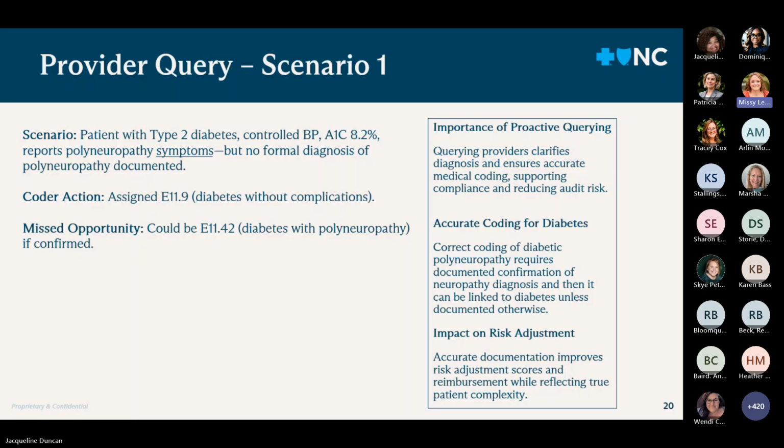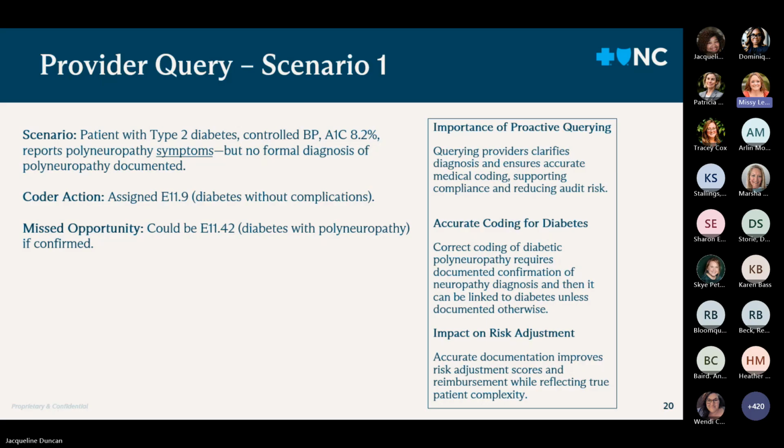Offer options such as E11.42 for diabetes type 2 with polyneuropathy, polyneuropathy due to another specified cause, idiopathic polyneuropathy, not clinically significant, or unable to determine for providers to choose from. If confirmed, E11.42 accurately reflects the patient's condition and captures the appropriate HCC, improving risk adjustment and reimbursement.